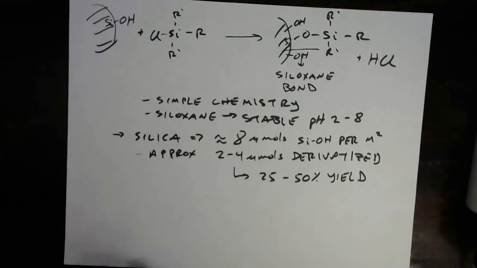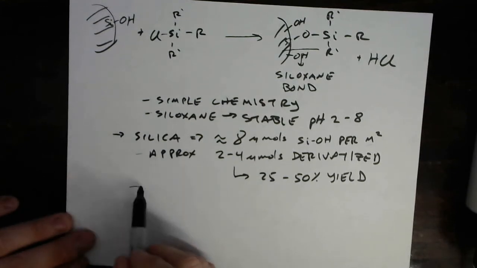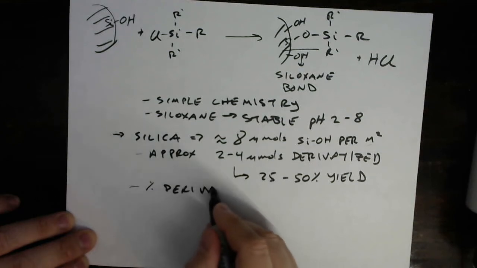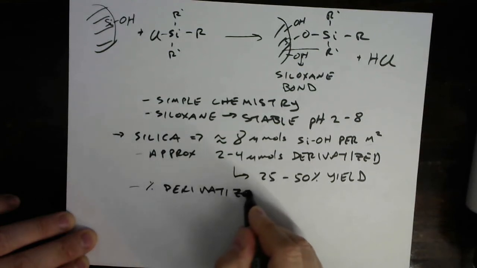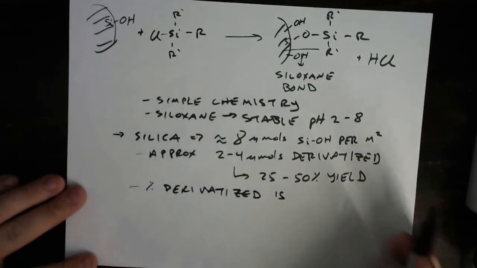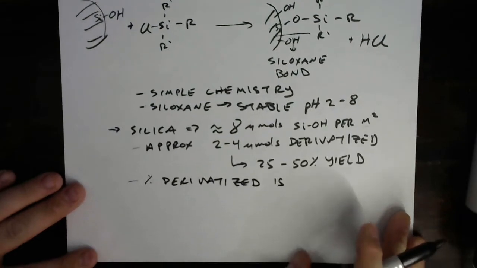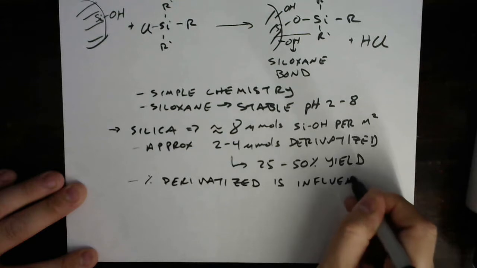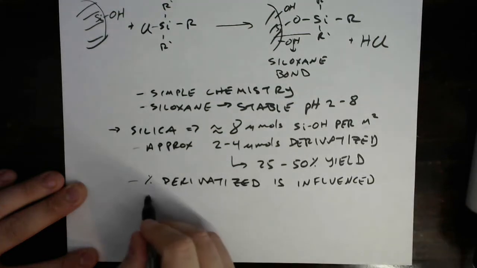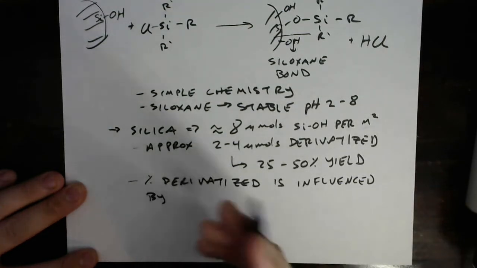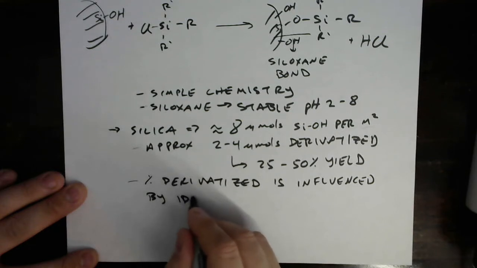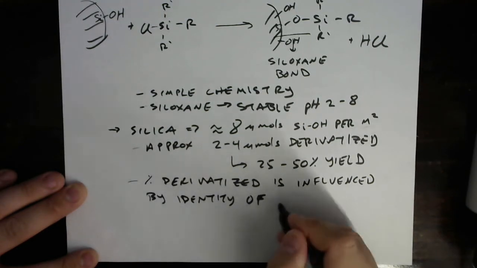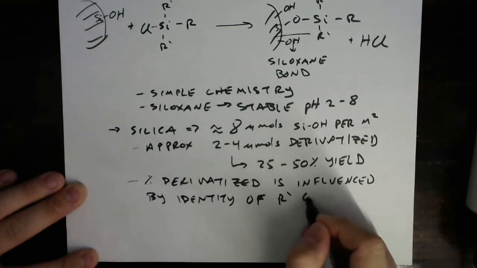Okay, something I'll foreshadow here is that this percent derivatized is influenced, I guess is the word I'll use, by the identity of that R prime group.